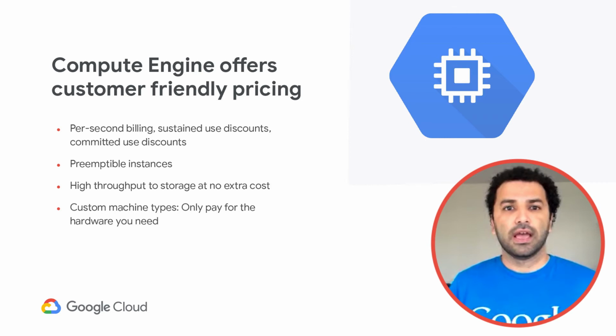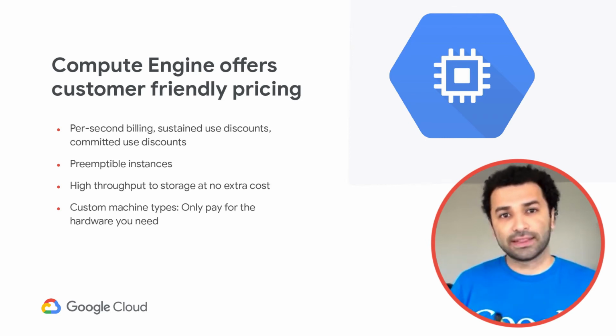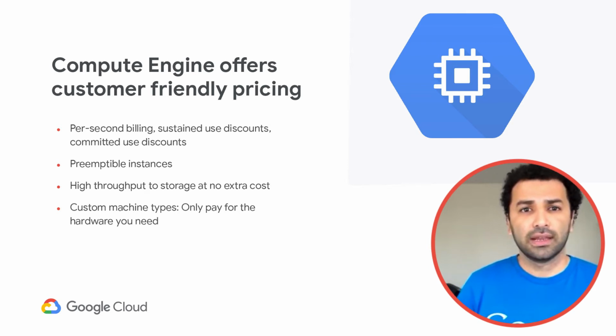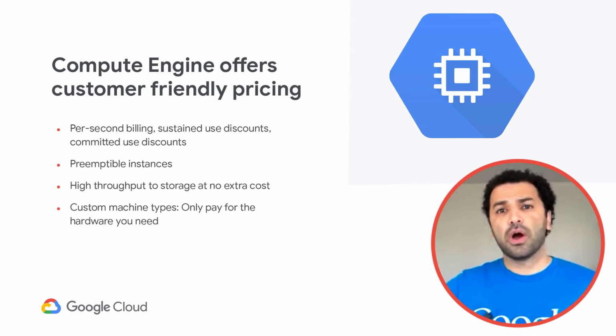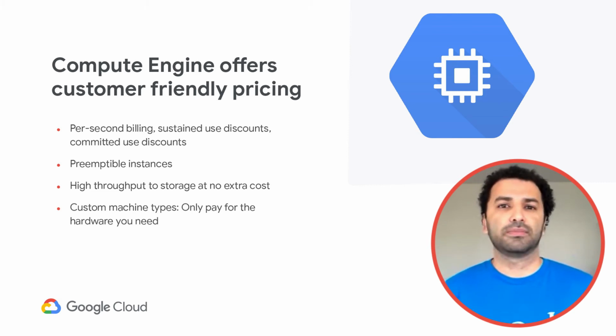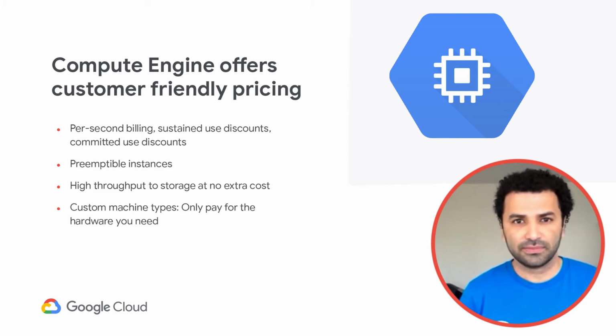If you also commit and purchase a committed use of a specific resource for at least 1 year, then you can qualify for committed use discount, and this can go all the way up to 57%.